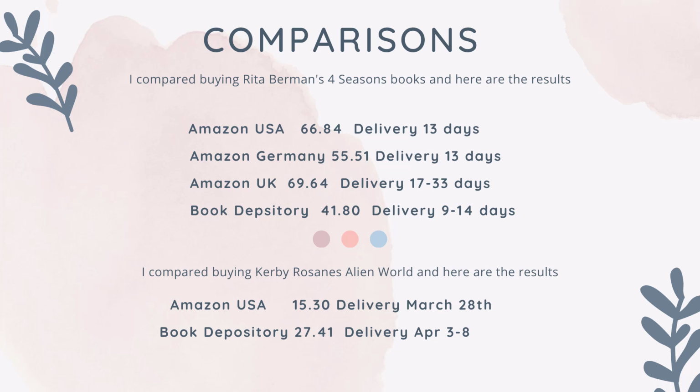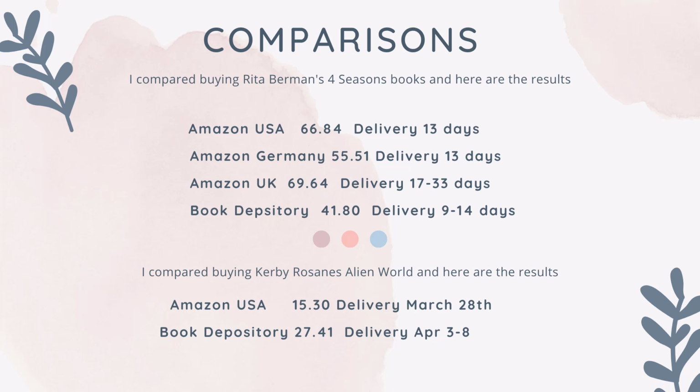Amazon USA was $66.84 and delivered in 13 days. Amazon Germany for the same 4 books was $55.51 with the same delivery time. Amazon UK was $69.64. But Book Depository came in as the winner for $41.80, and their delivery time was 9 to 14 days. So by far a clear winner.